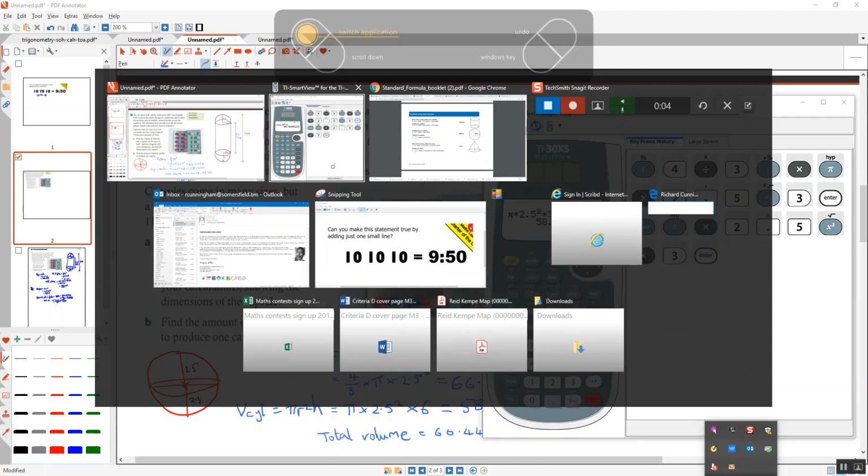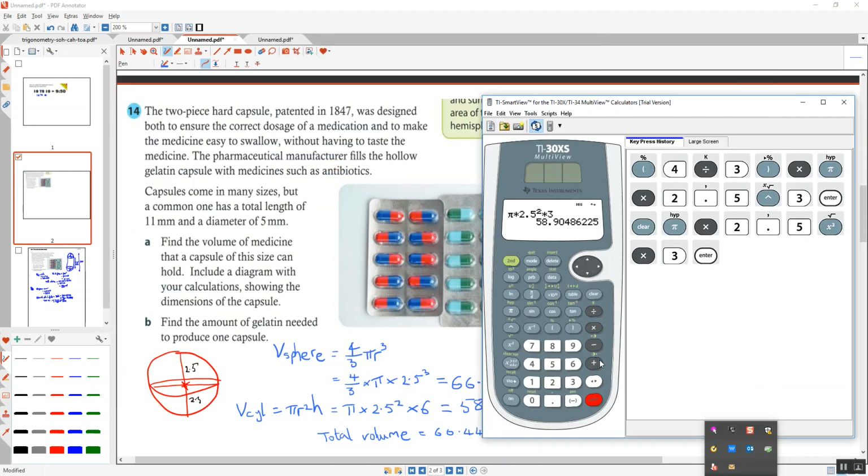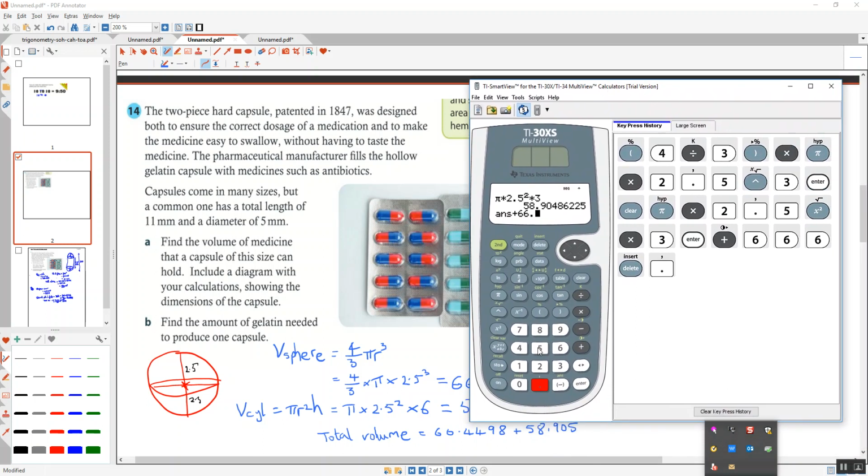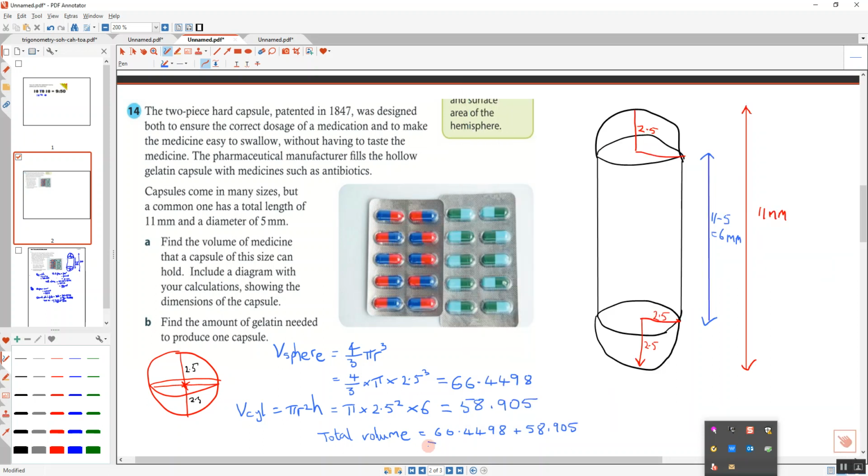I'm going to add on our 66.4498, and I got 125.35. And that is millimeters cubed.